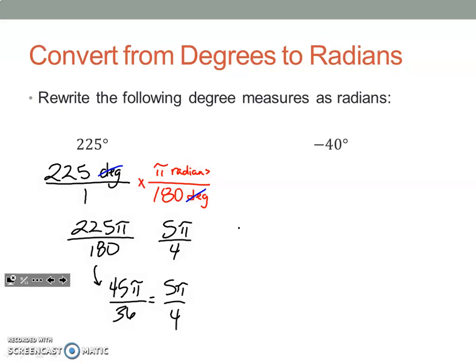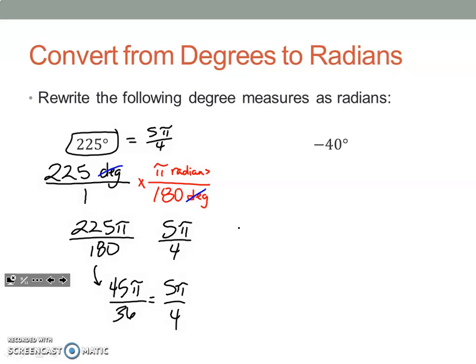So 225 degrees is the same thing as 5 pi over 4 radians. Okay? So I had to use this conversion factor when I was changing from degrees. And then once I got it down to this part here, I plugged it into my calculator to simplify it, or I divided by 5 on top and bottom, divided by 9 on top and bottom, and I reduced it down to that point.